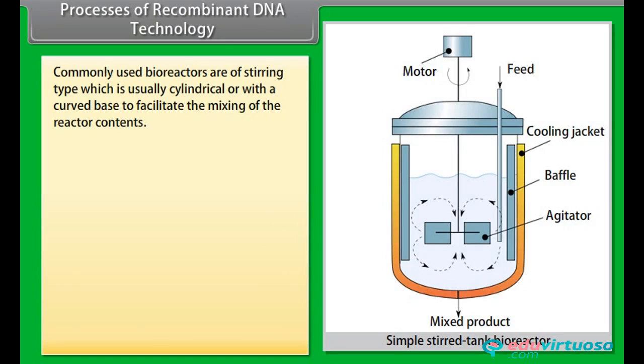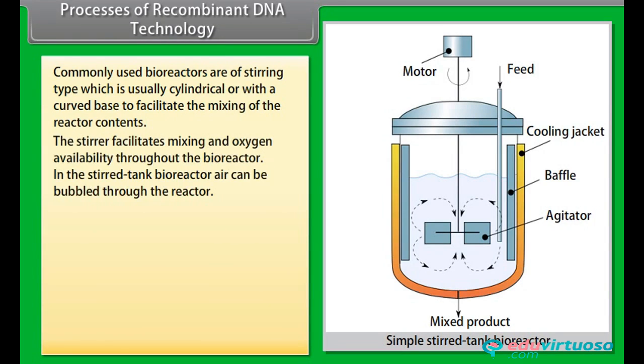Commonly used bioreactors are of stirring type, which is usually cylindrical or with a curved base to facilitate the mixing of the reactor contents. The stirrer facilitates mixing and oxygen availability throughout the bioreactor.